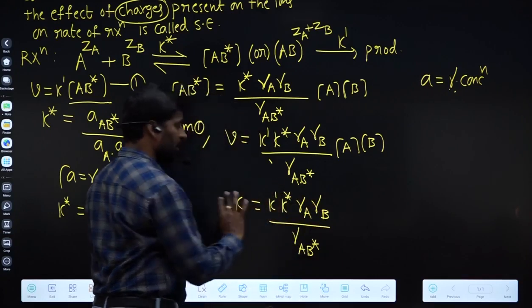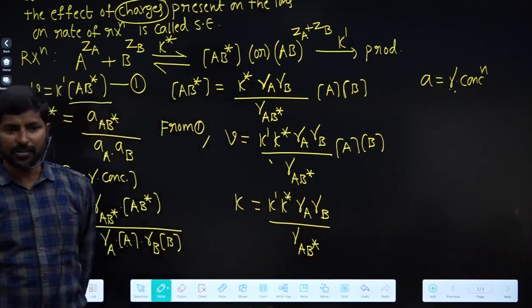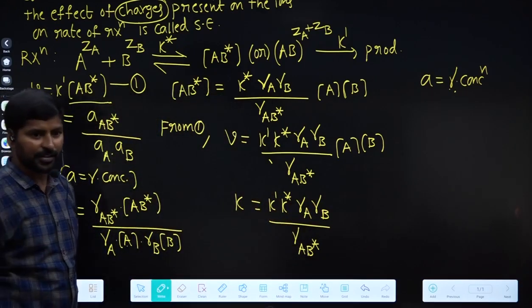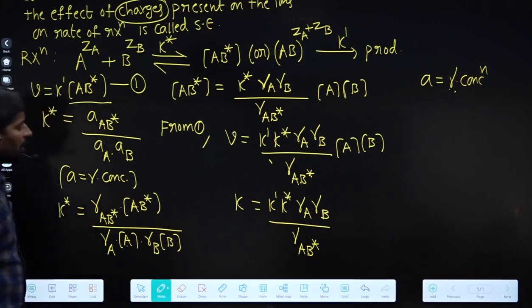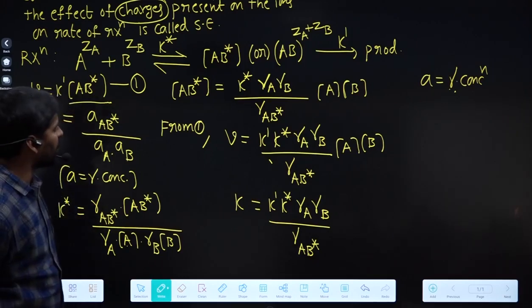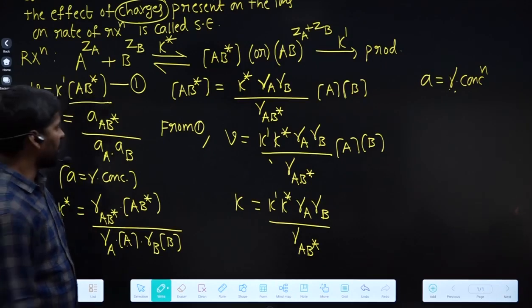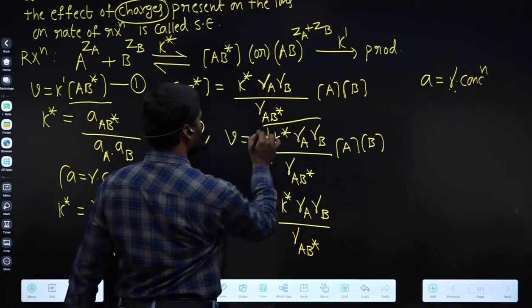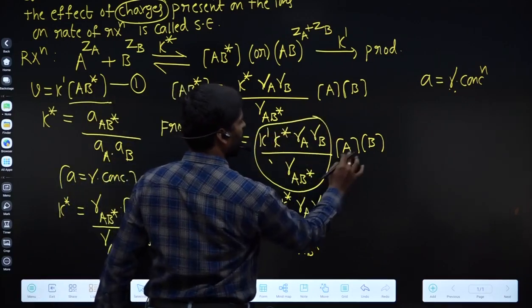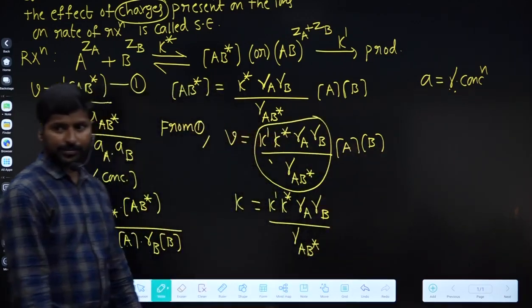So this is the equation we are getting for the overall rate constant, the observed rate constant. So overall rate constant is given by K dash into K star gamma A gamma B by gamma AB star. So rate is equal to what? Rate constant into concentration of reactants.